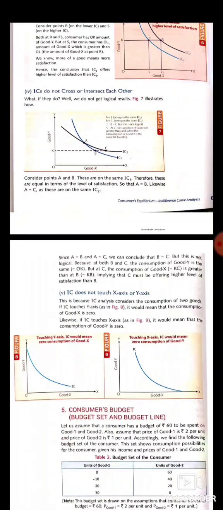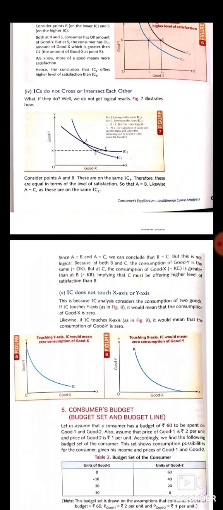Assume that the price of commodity 1 is rupees 2 and that of commodity 2 is 1. In the first situation, when he is spending all his income on commodity 2, with given income he can purchase 60 units of commodity 2 and 0 unit of commodity 1.